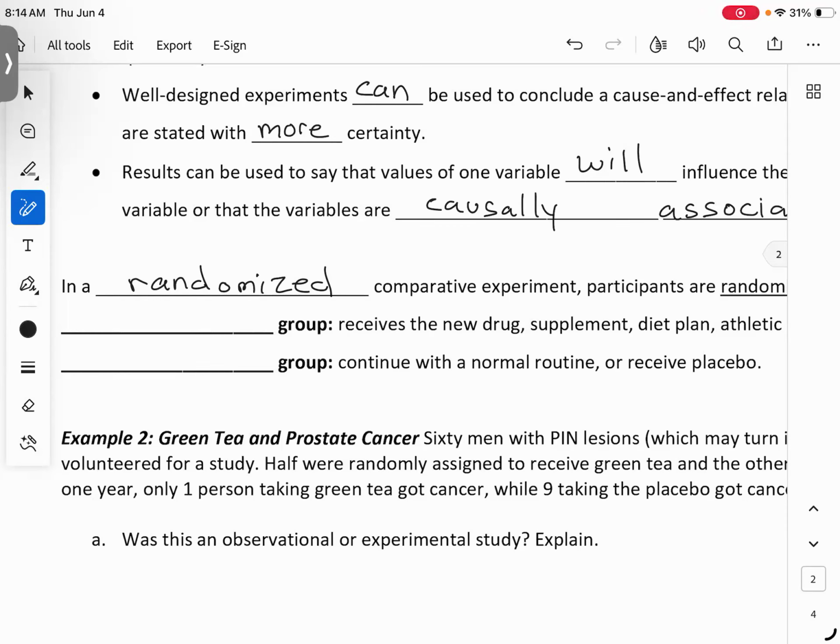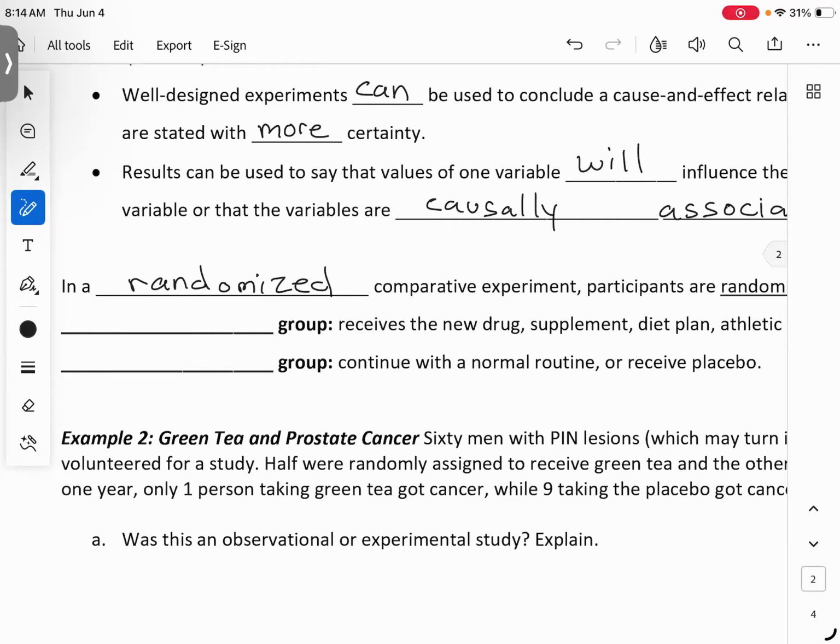So if you have your participants and you randomly make two groups, randomly splitting them up, that's going to help you achieve a better mixture of people in group one and people in group two, and that's what we're going to be focusing on.